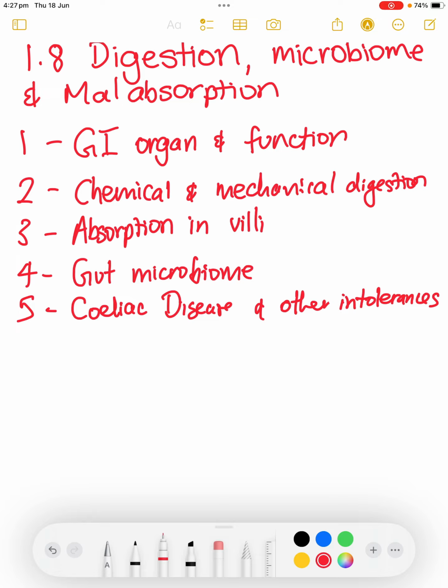All right, going on, I'll just explain now without writing it down what you'll be able to know. You need to identify gastrointestinal organs and describe what their function is too.